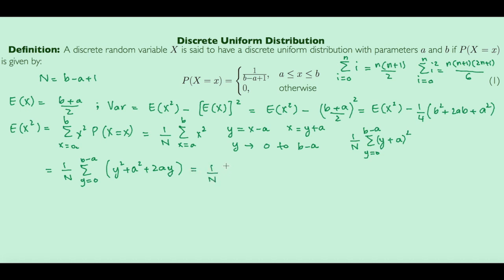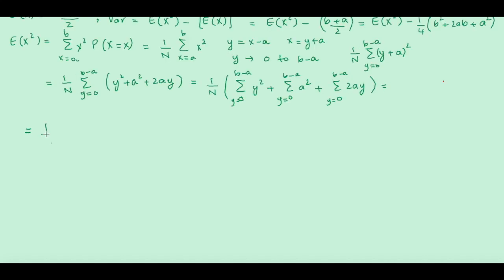We can say summation y squared plus summation a squared plus summation 2ay. All summations are from y equals 0 to b minus a. Then 1 over n.